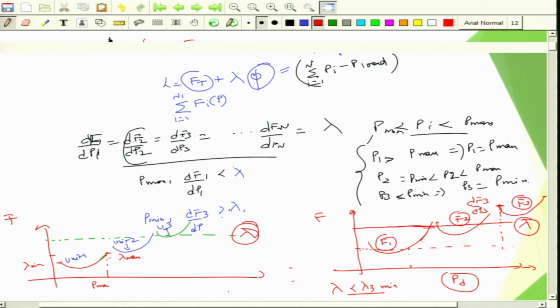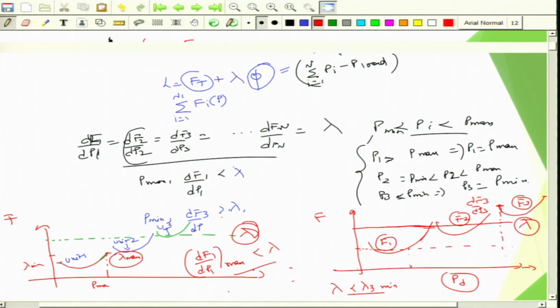And you can see here when a particular generator unit 1 is touching its upper limit, the maximum generation, the maximum lambda of that particular generator, let us denote this as dF1 by dP1 maximum, is less than the actual lambda.